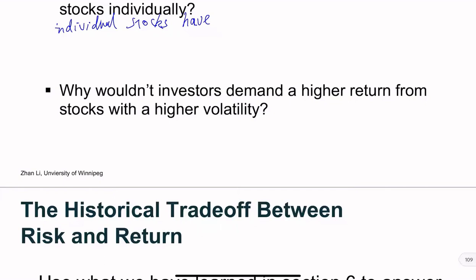An investor should not demand a higher return from bearing firm-specific risk. So if volatility is a measure of both types of risks, then we should not observe a positive relationship between return and volatility. So an investor should not demand a higher return from a higher volatility. Instead, investors should only demand a higher return from a higher systematic risk.